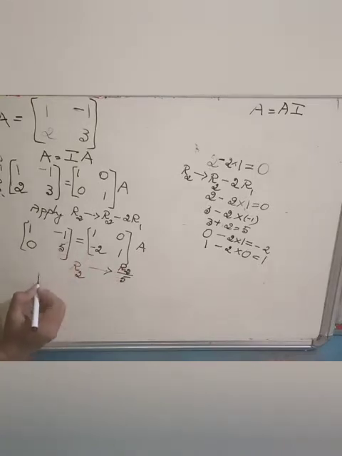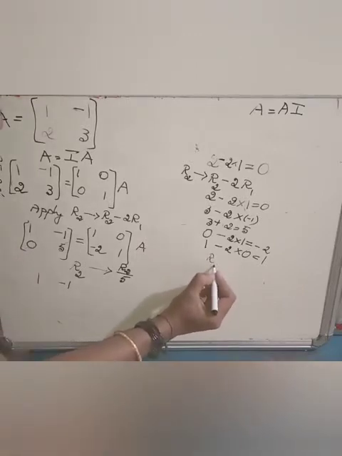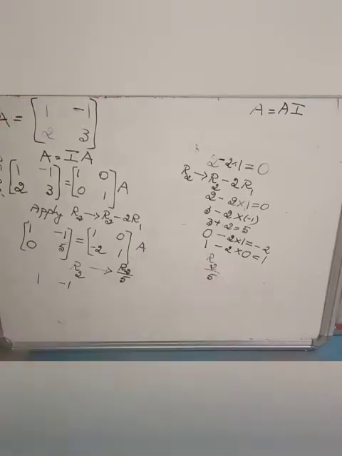Again, in the first row there is no change because the result should be in the second row R2. Here the elementary operation is R2 divided by 5. Okay. We are not considering the first row here. So R2 divided by 5. 0 divided by 5 is 0. 5 divided by 5 is 1.